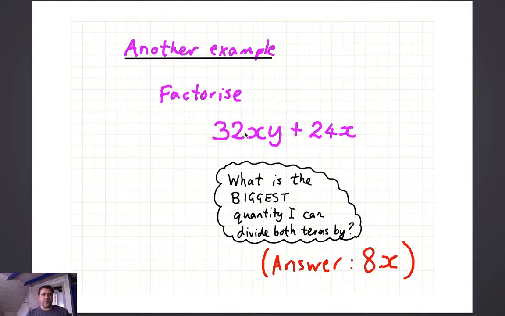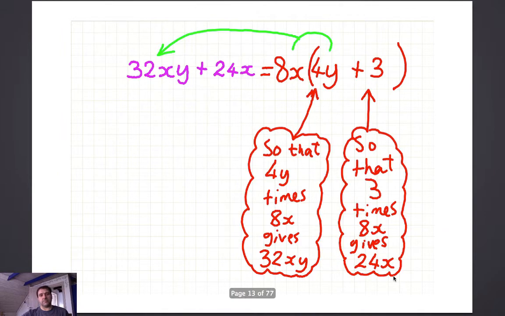But also, both of these terms in the expression have got an x in them, so they could both be divided by x. So in fact, the biggest quantity that I could divide both terms by is 8x. So then I take the 8x outside some brackets and I say, what do I need to multiply the 8x by in order to get each of the individual terms in the expression I started with?